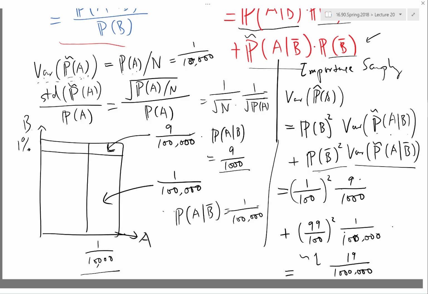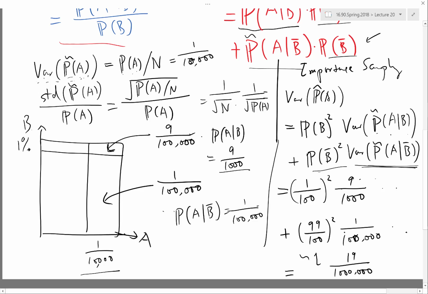What about the P of A given B, 1 over 100,000? Which term? This one? The P of A given not B is 1 over 100,000, but P of A given B is just 9 over 1,000, not 9 over 100,000. I'm not sure I understand.